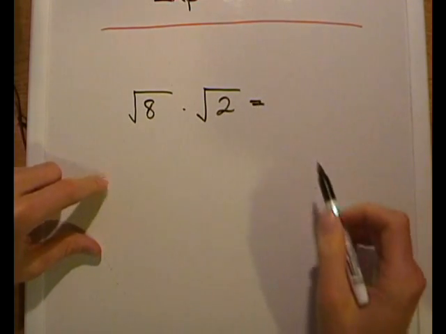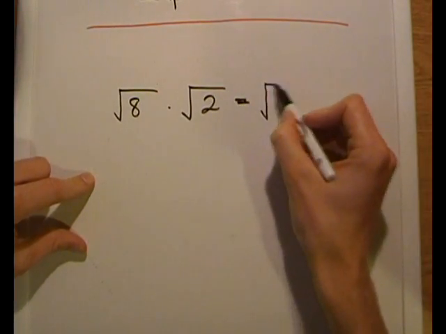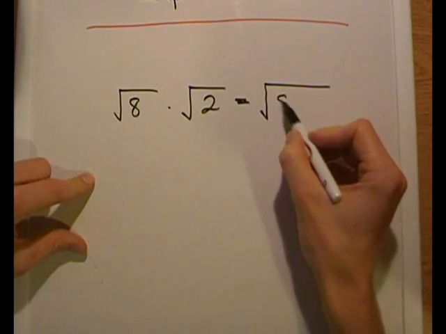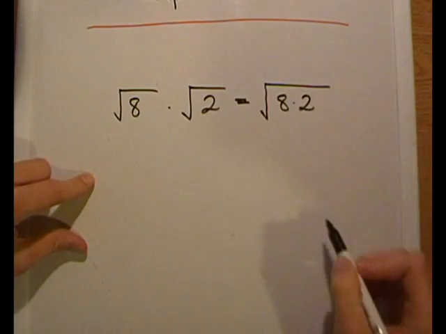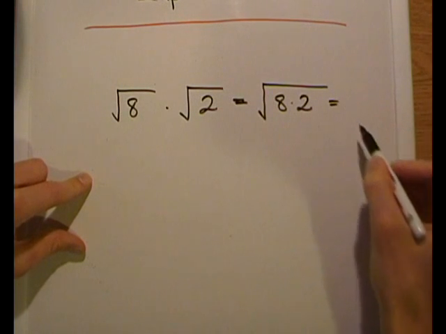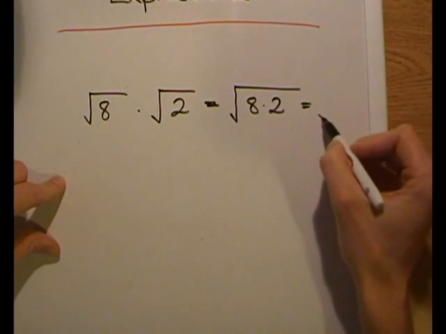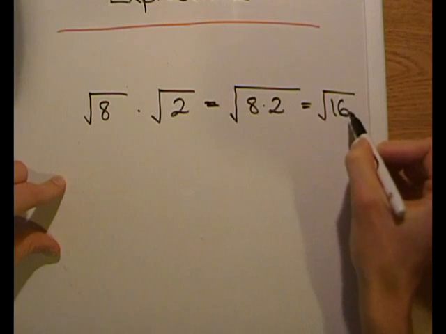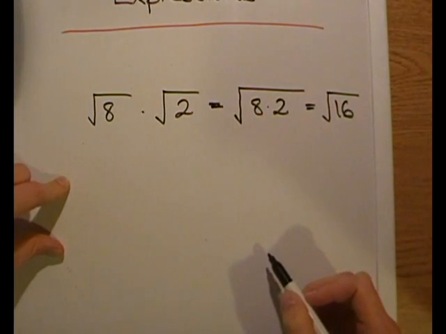So we're going to do the same thing here. This is going to end up being the square root of 8 times 2, which is equal to the square root of 16. The square root of 16 equals 4.